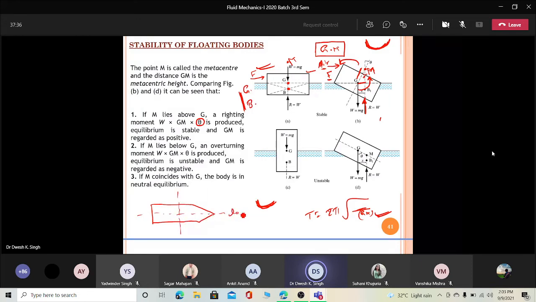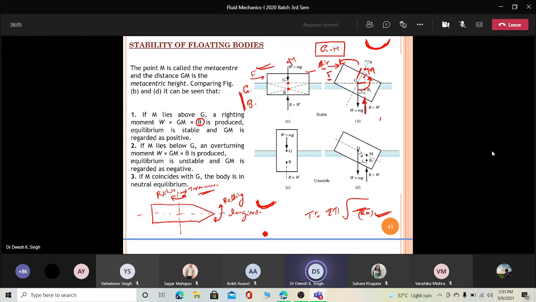This is your longitudinal axis. This is your transverse axis. So your body will rotate about the horizontal like this, about the longitudinal axis. This is called rolling, and this is called pitching.